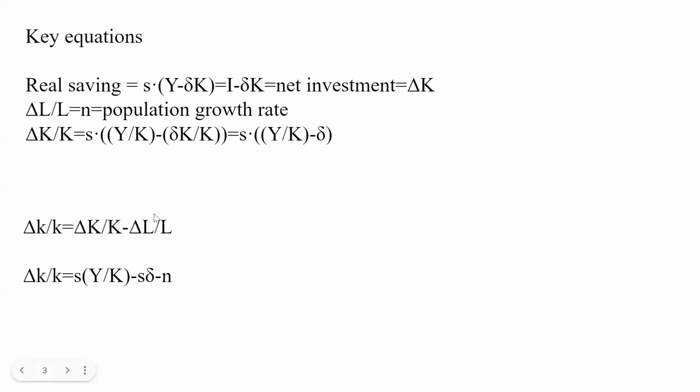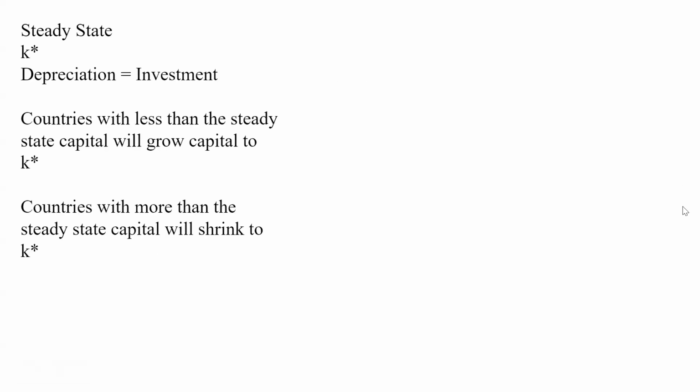Delta L divided by L is just the population growth rate. And so we get the key equation of the Solow model, which is that the growth rate of capital per worker is equal to the savings rate times the average product of capital, minus the savings rate times depreciation, minus the population growth.